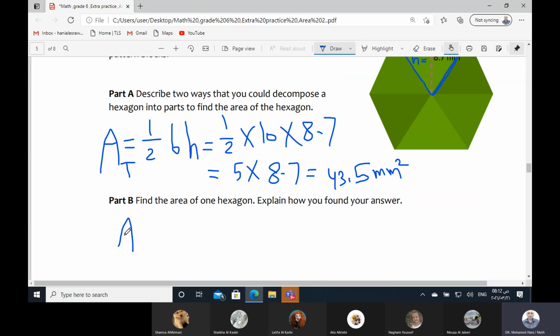Now the area of the hexagon. Yes, tell me please. Mister, you can continue. It's okay. The area of the hexagon will be 6 times the area of the triangle. 6 times the area of the triangle will be 6 times 43.5.